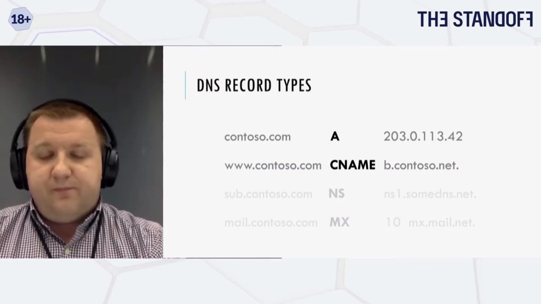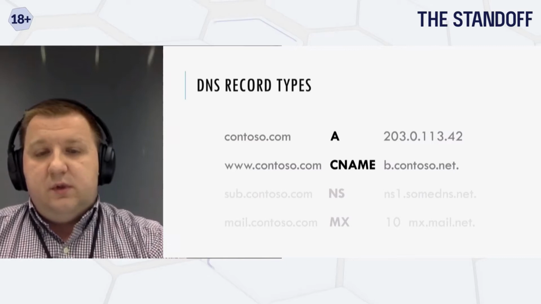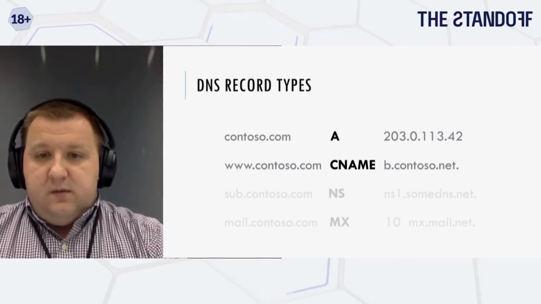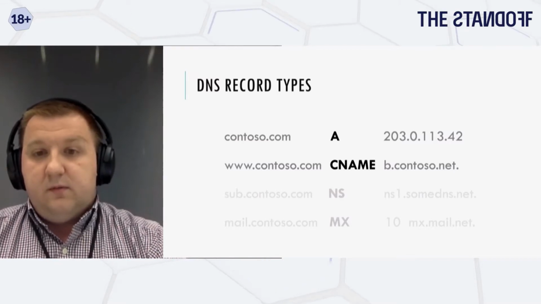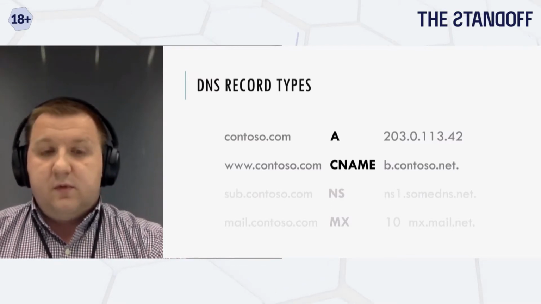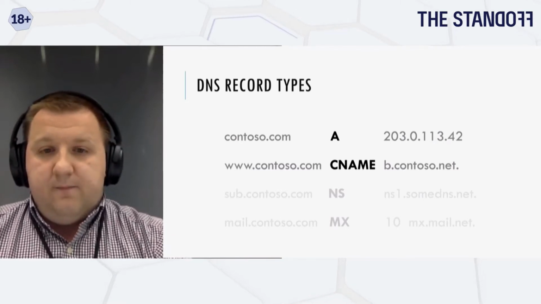It's actually a sort of an alias. So a single domain name will be associated with another domain name, and a DNS server will return the CNAME instead of the one that he initially requested.